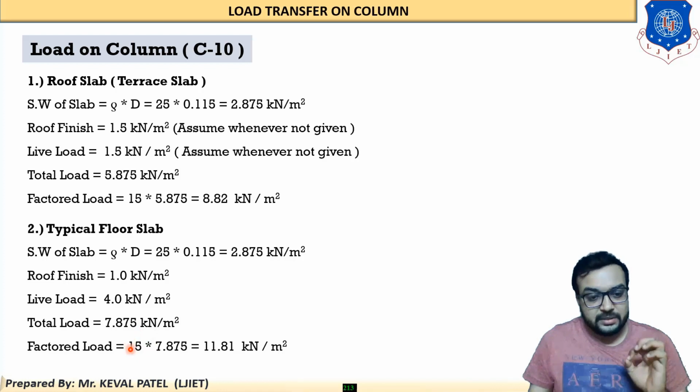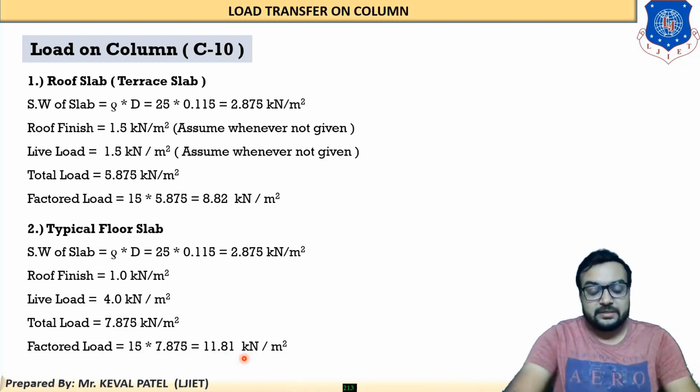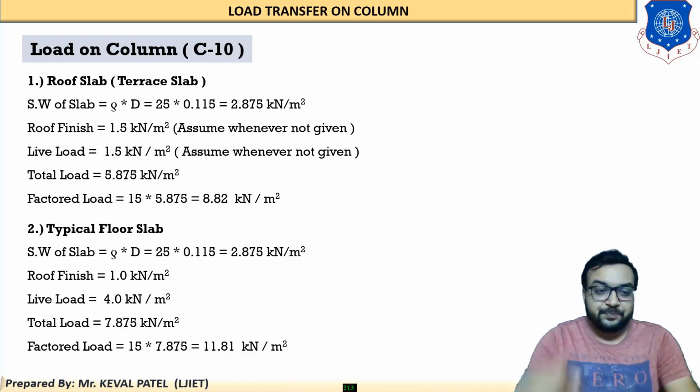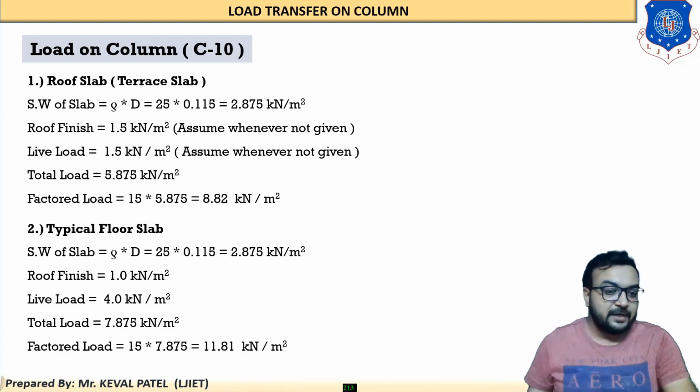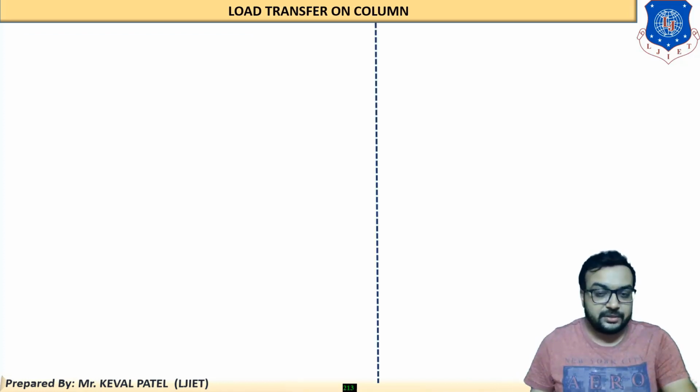So factored load is 1.5 into 7.875, which is equal to 11.81 kilonewton per meter square. So students, this is our roof slab and typical floor slab calculation.